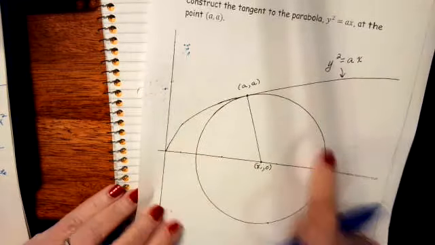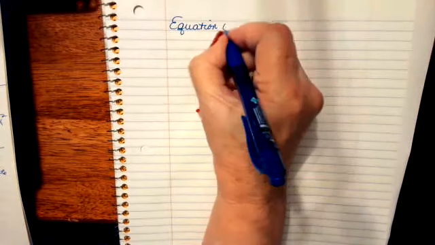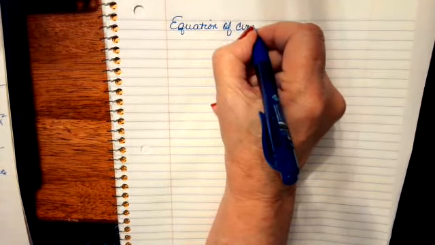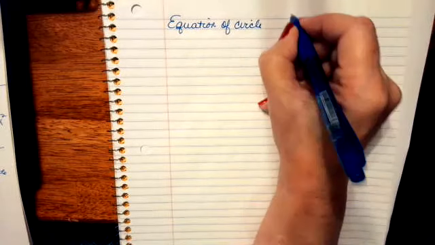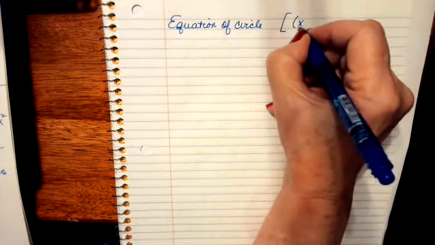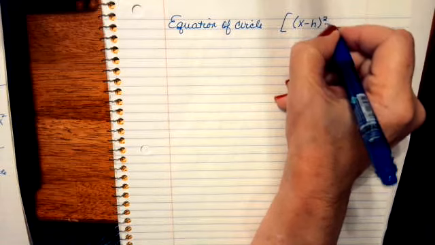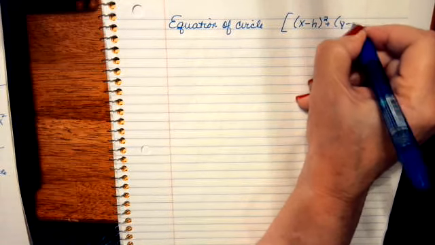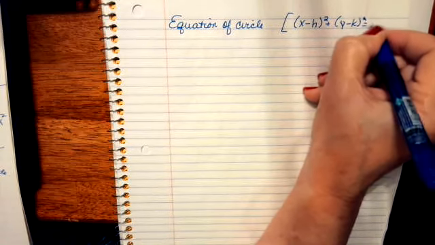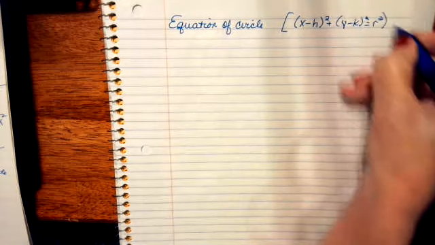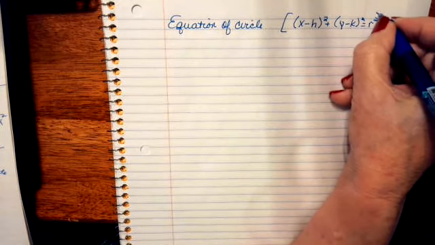So the equation of my circle, remember, the general form of the equation of a circle is (x minus h) squared plus (y minus k) squared equals r squared. Just brackets.